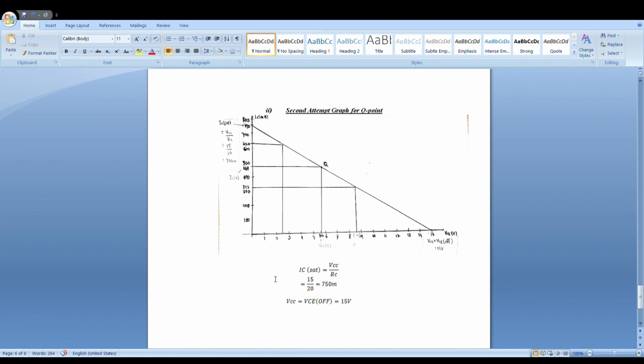And the IC saturation is calculated by using the equation VCC over RC, and we got 750 milliampere, and VCE off is actually equal to VCC, which is 15 volt.